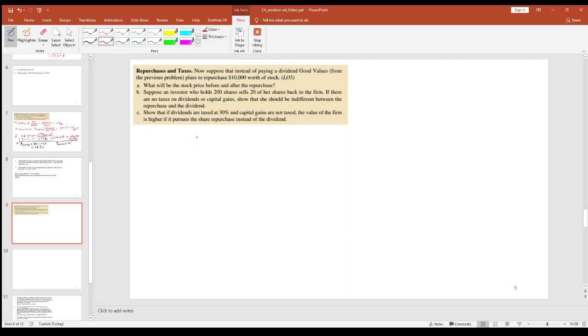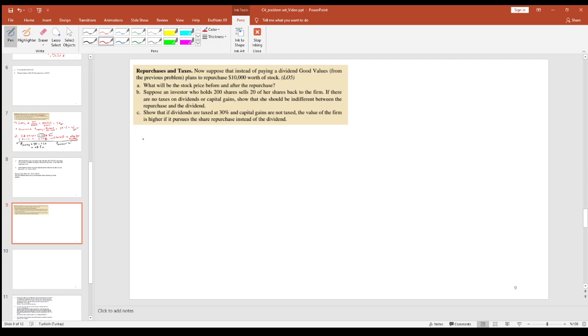So as a result, they reduce the number of shares circulating in the market. Alright, this is what repurchase is, and let's take a look at what is asked. Now suppose that instead of paying dividend, Goodvalues from the previous example plans to repurchase $10,000 worth of stock.